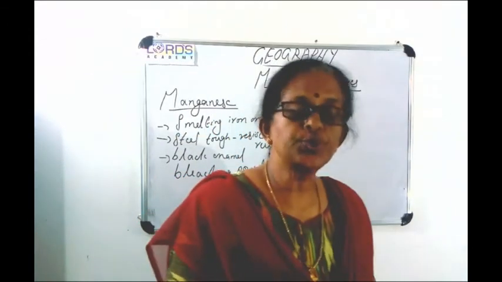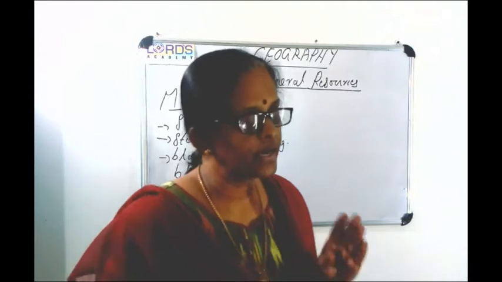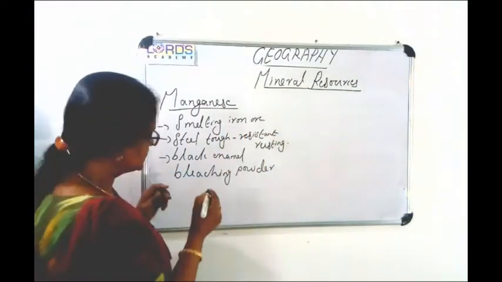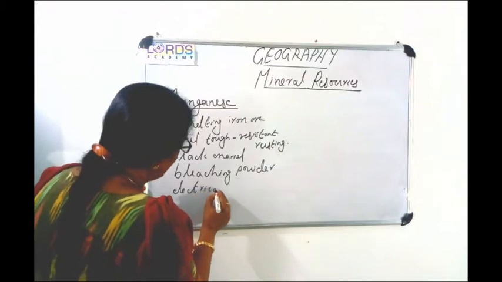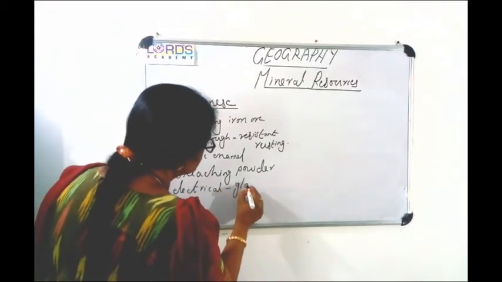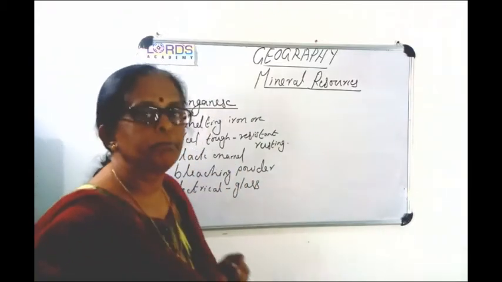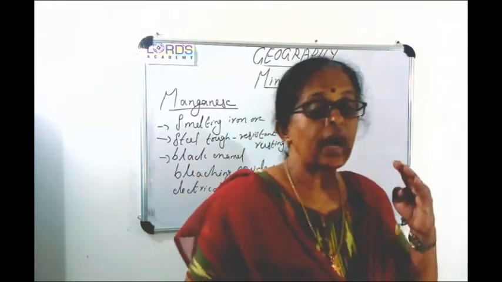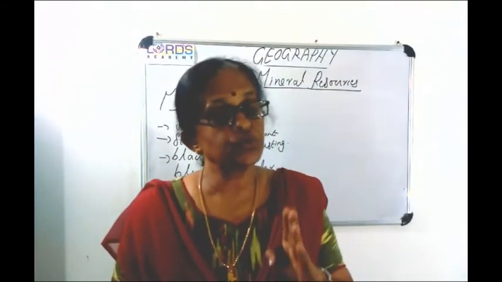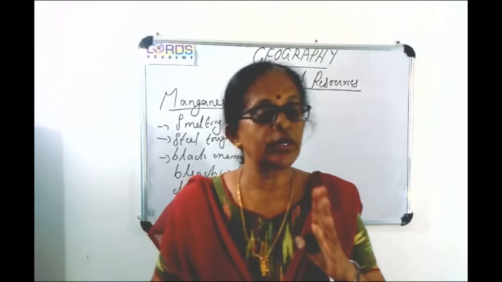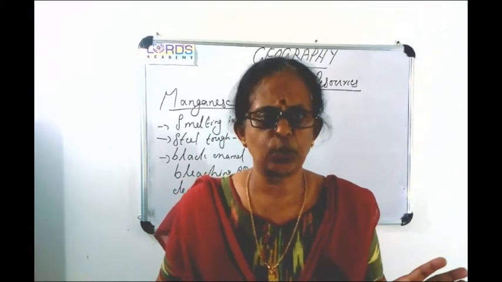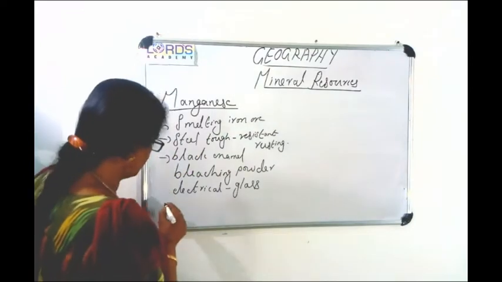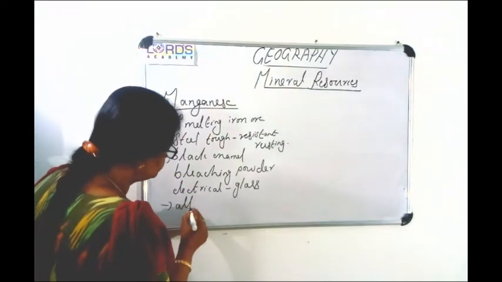And it is also used in glass and electrical industries. Now another use, it is used to form important alloys. Many alloys, a number of important alloys we can form using this.